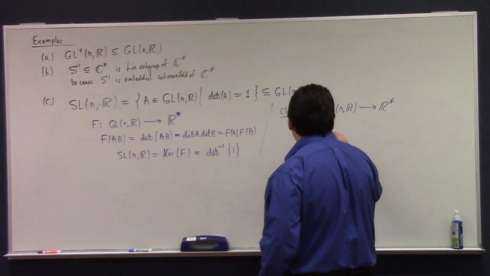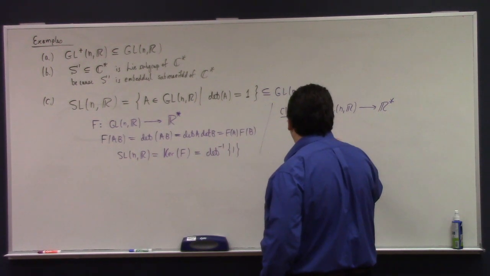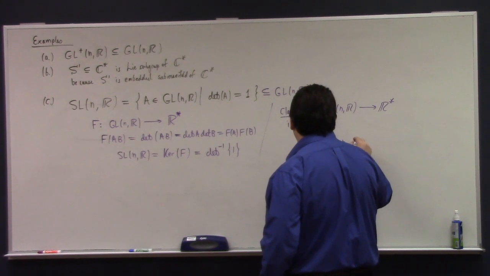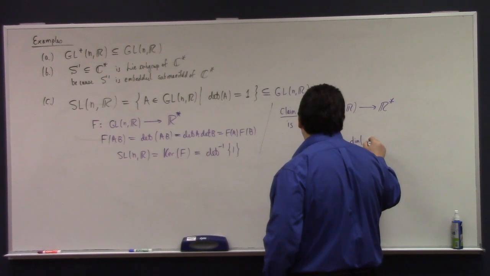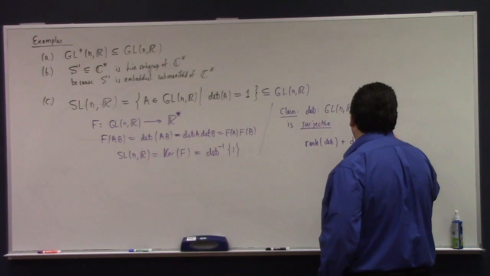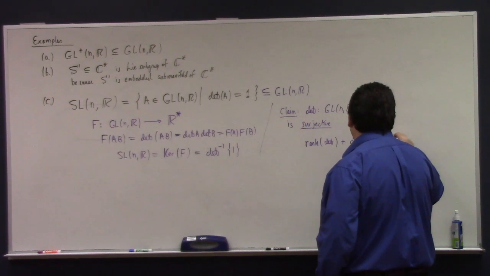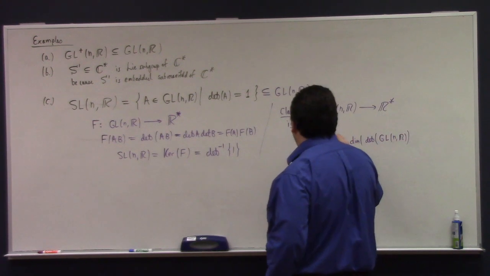So I want to say the rank of the determinant map plus the dimension of the kernel, by the rank theorem, is equal to the dimension of GL_n(R).